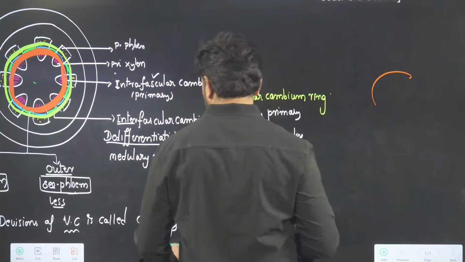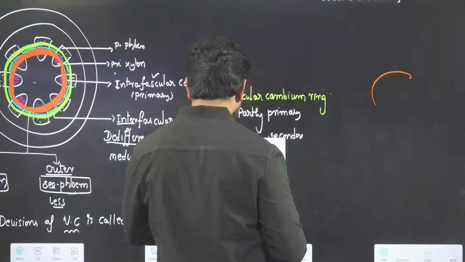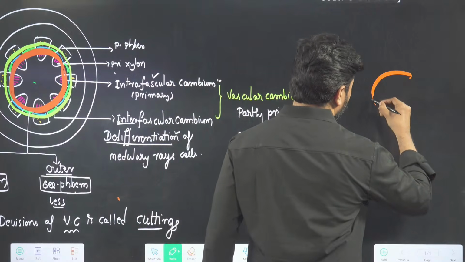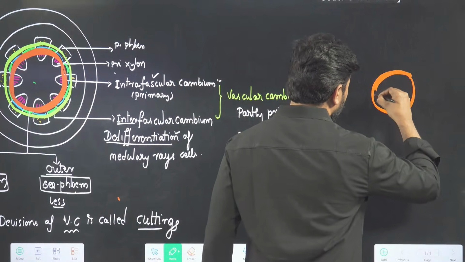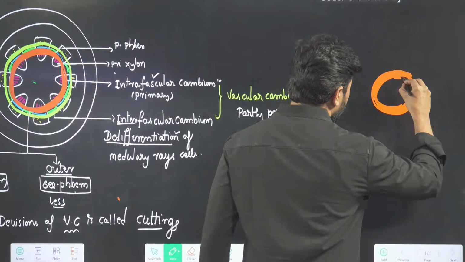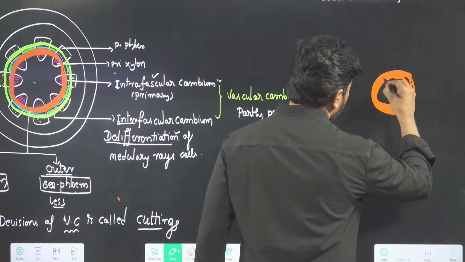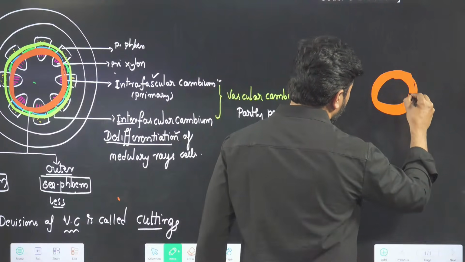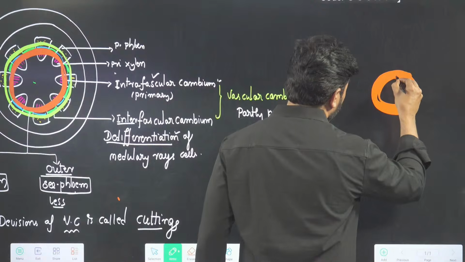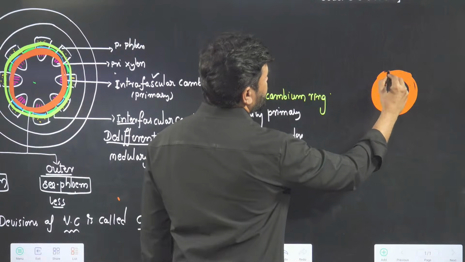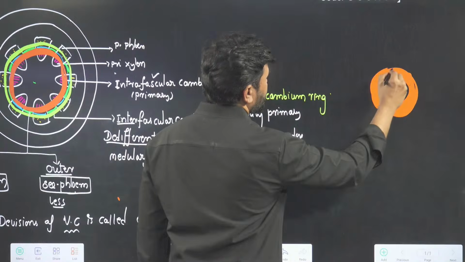Observe, this is the secondary xylem. Secondary xylem has been formed. This secondary xylem has occupied most of the area of our stem.